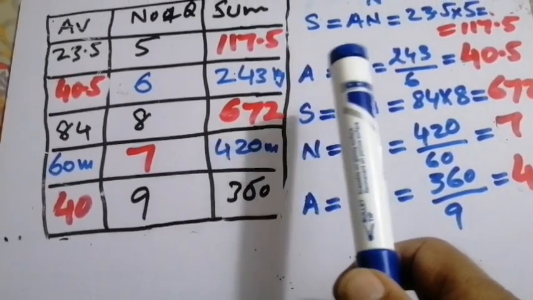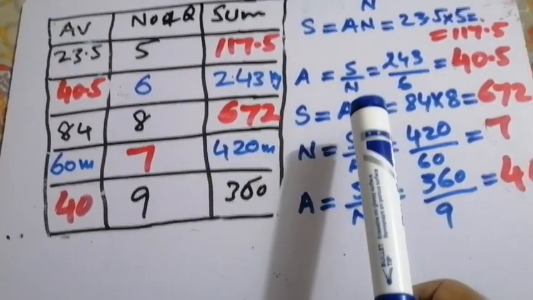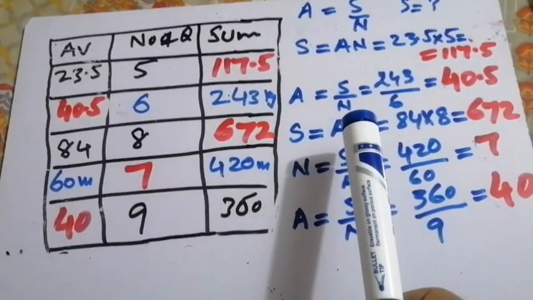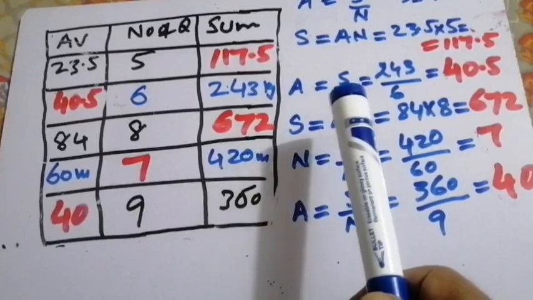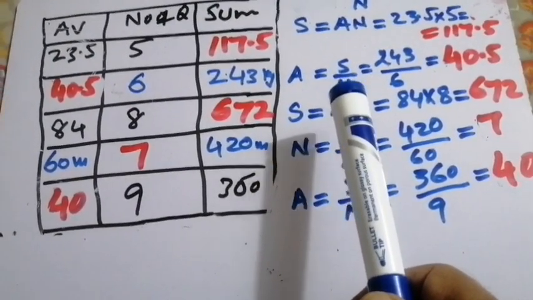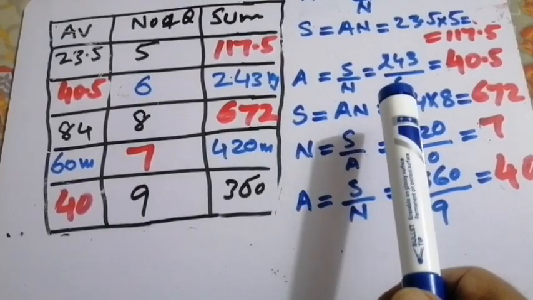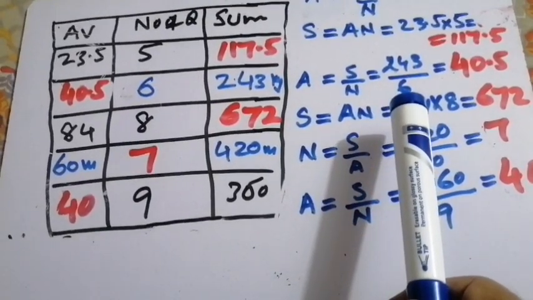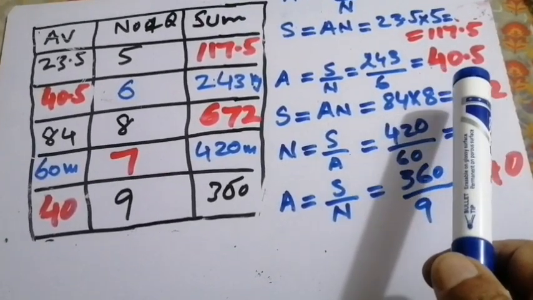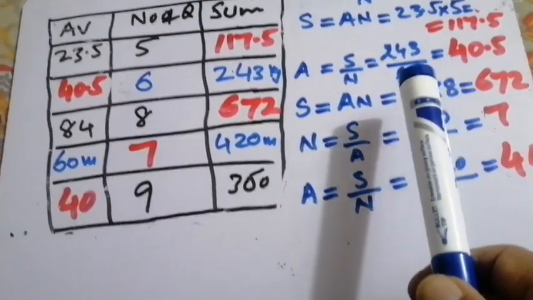Average is equal to S over N, sum over number of quantities. It is easy, and we do this in all our questions. S value is 243 and N is 6. We divide it and we will get 40.5.